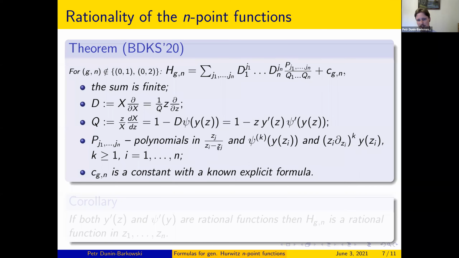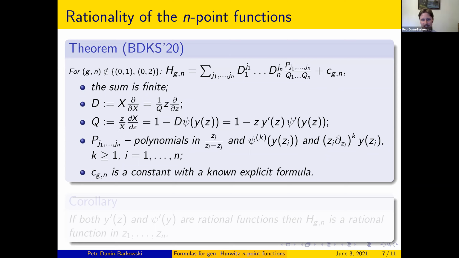Building blocks are just these rational functions of z variables, and then the derivatives of our psi, which was a formal power series, and the derivatives of our y. And also we have this q playing a role here, and we take derivatives like that of the whole thing. So like I said, for given g and n, this becomes a finite rational expression in terms of all these guys.